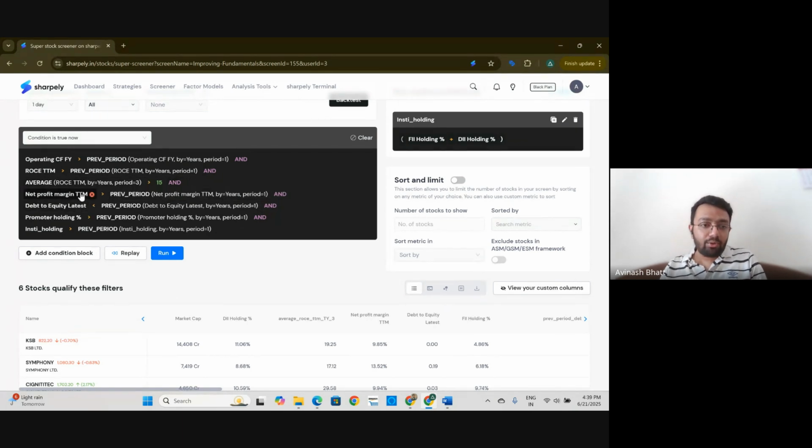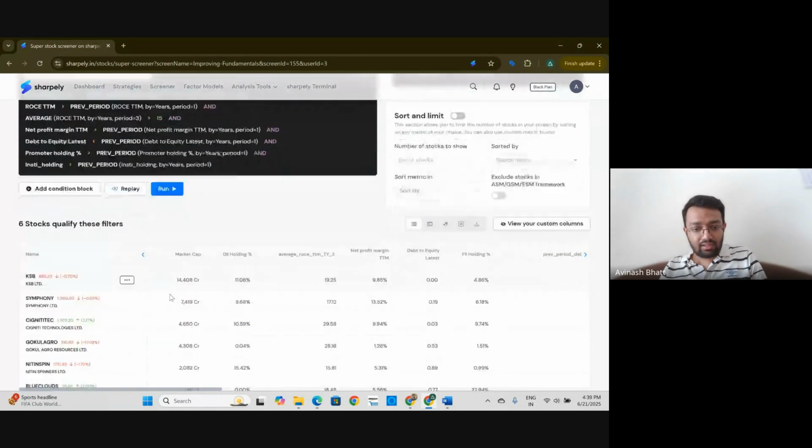Then again, I'm comparing net profit margin with a year ago, and it should be higher. So all these metrics are fundamental metrics, but I am focusing on those companies which are showing improvements in these fundamental metrics.